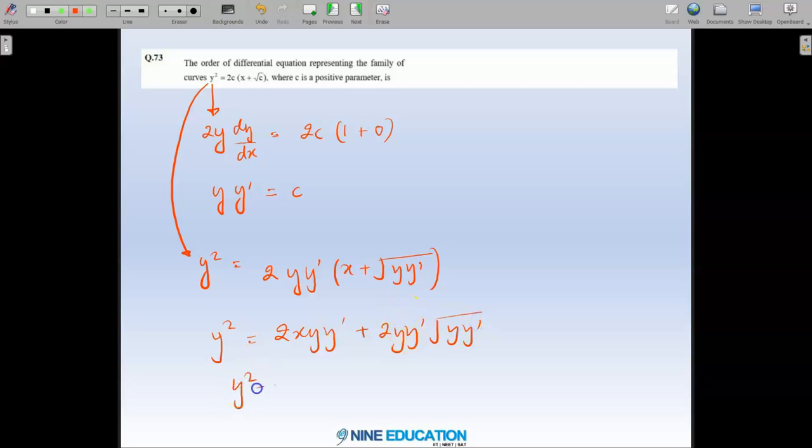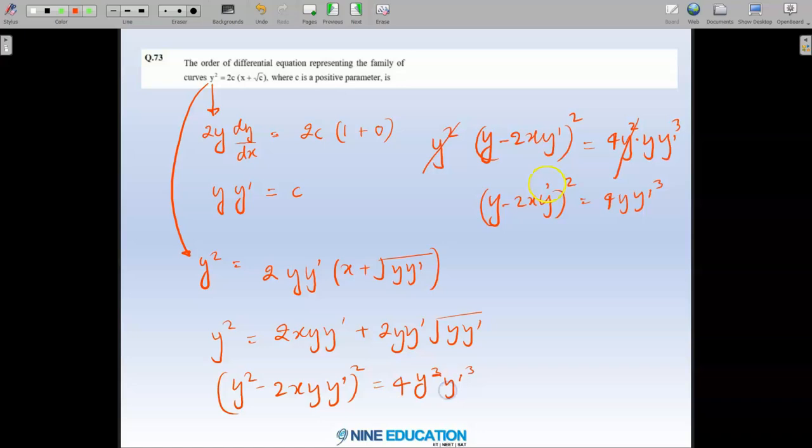So it is (y square minus 2xy dash) whole square, which will give us 4 times y cube and y dash. The order is 1 only because we are having the highest order derivative as first derivative, dy by dx or y dash. There is no y double dash or triple dash, and degree will be basically 3 here. But they are asking the order of the differential equation, so correct answer is 1.